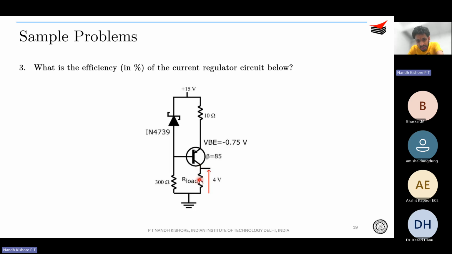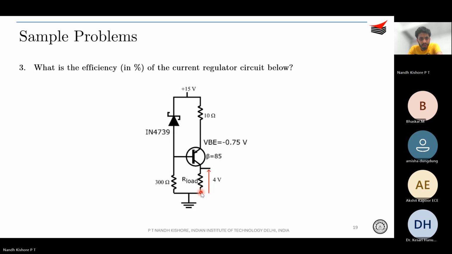So collector current into 4 is your output power. And what is your input power? Input power is VCC 15 volt into total current, that is IZ plus IE, right? So IZ plus IE into 15 is your input power and 4 into IC is your output power. You just need to calculate the currents and you get the answer.